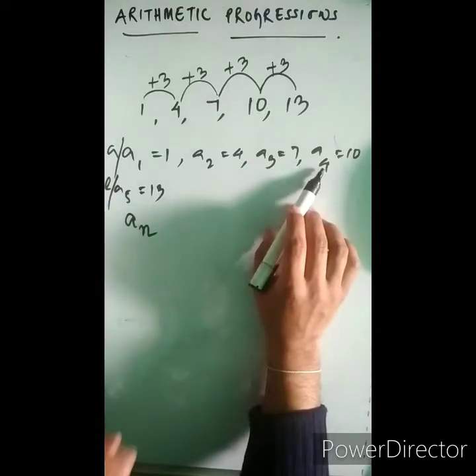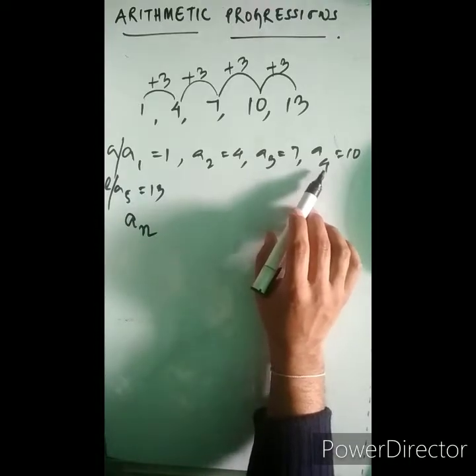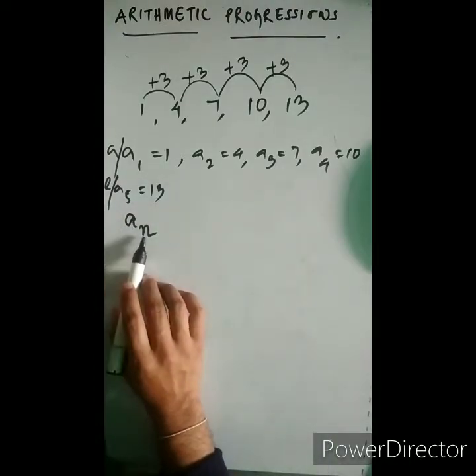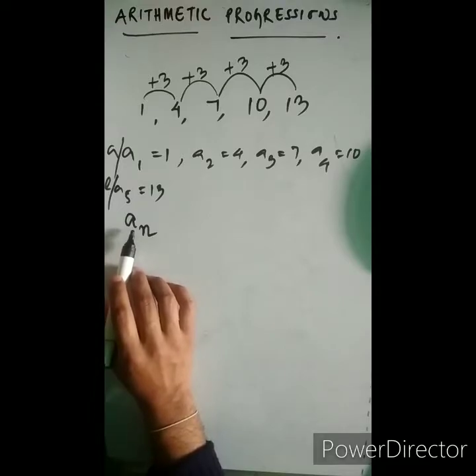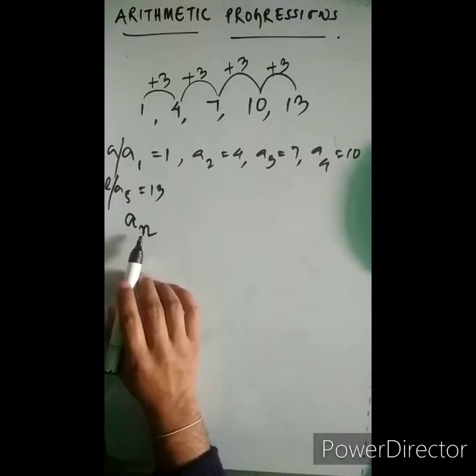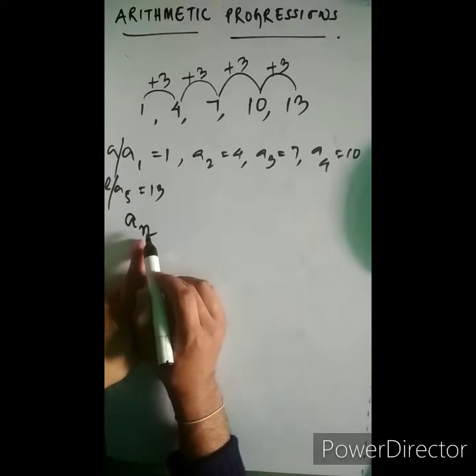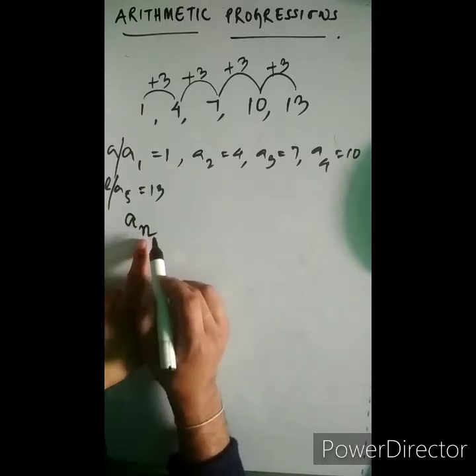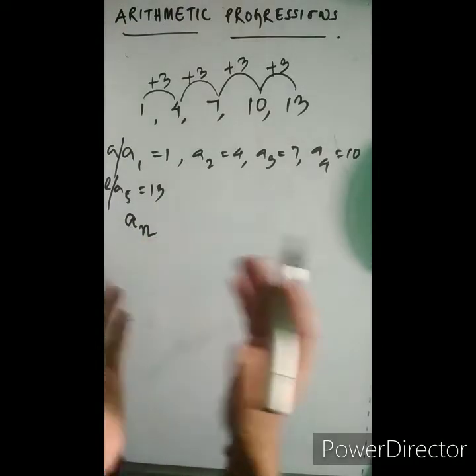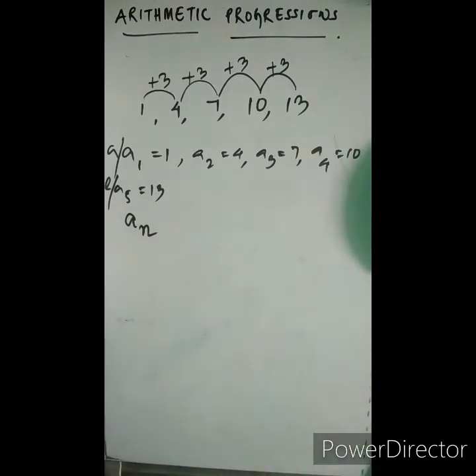When I say a4, this is the term occupying the fourth place. So when I write an, it means the term at the nth place. We call it the nth term. This n can be 1, 2, 3, 4, 5. It will be purely a natural number. It just indicates the term at which place.